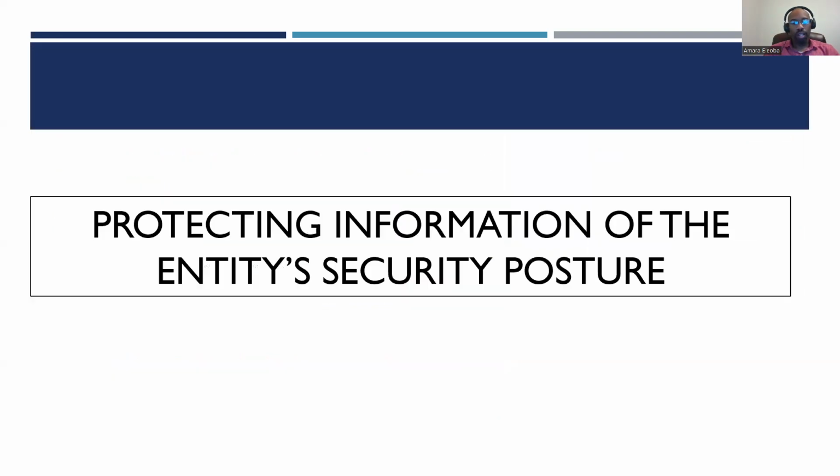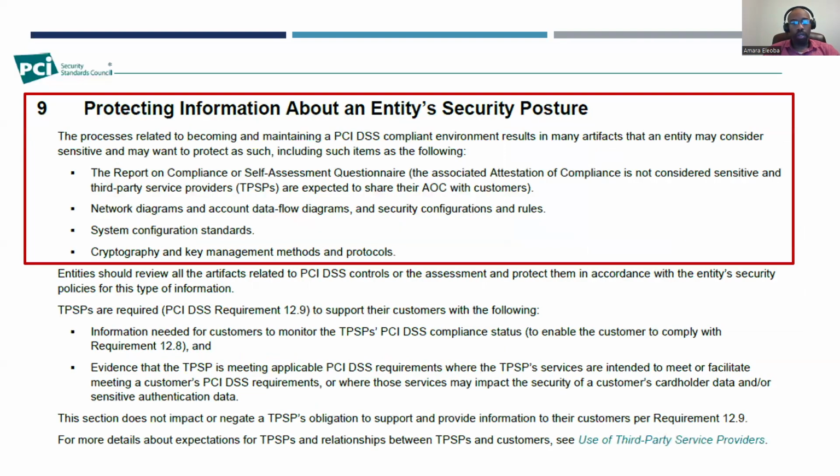Now, the next section is protecting information about your organization's security posture. And what does this mean? Let's say you're new to PCI, there's something that you need to know. Your report on compliance should not be given to people that are not authorized.